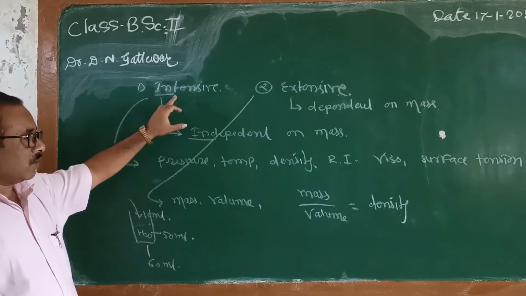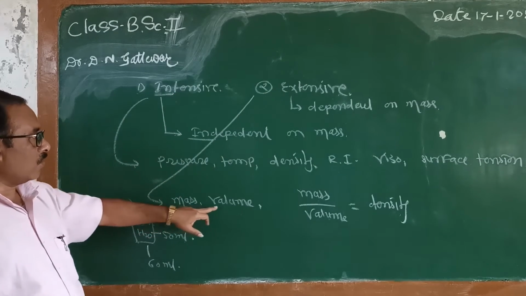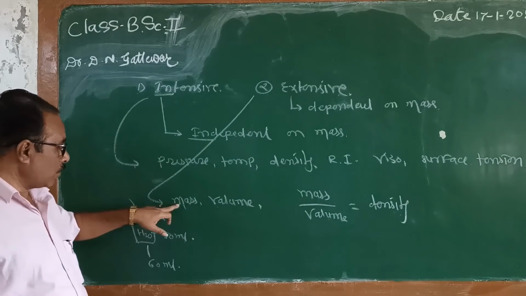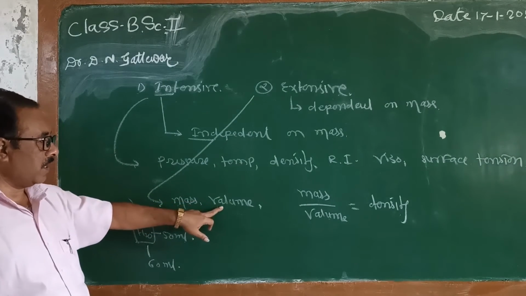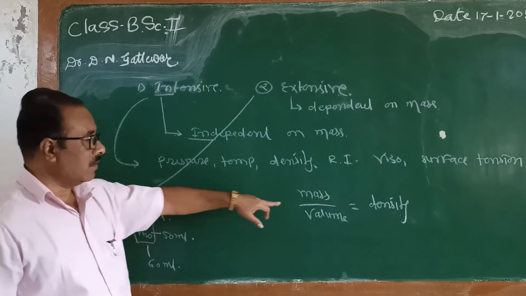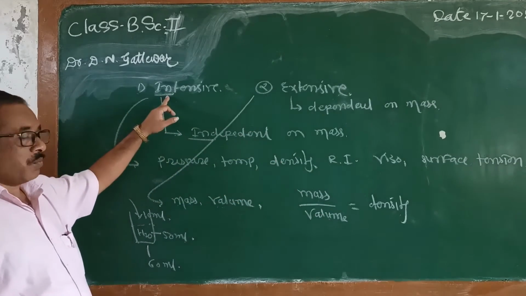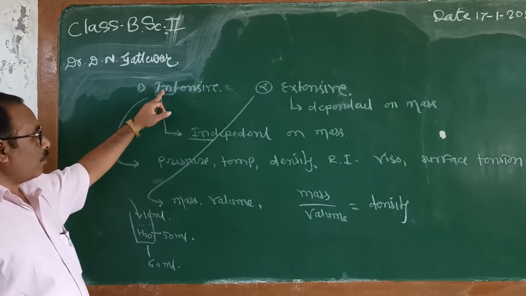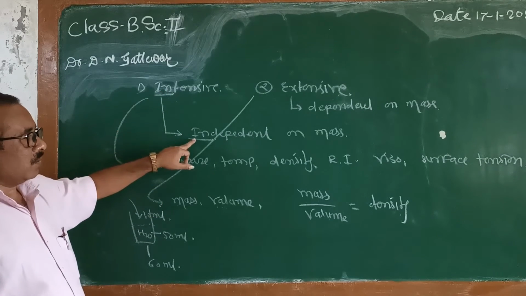So this is the logic. Mass and volume are extensive properties, but when you divide one extensive property by the other, the resultant density belongs to the intensive property. Therefore, once again, remember that intensive properties are independent of the mass.